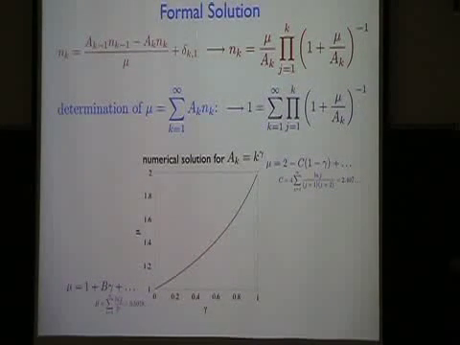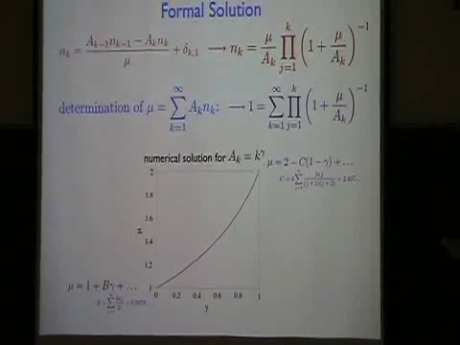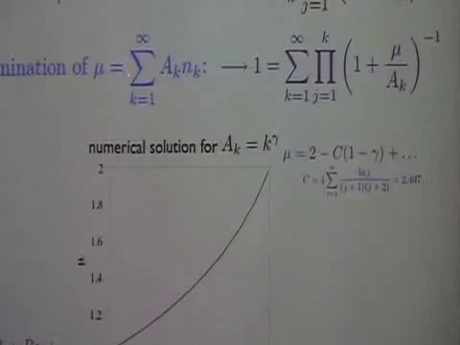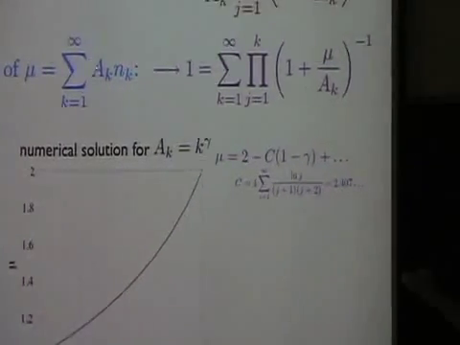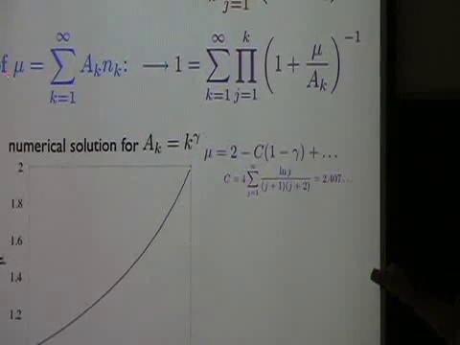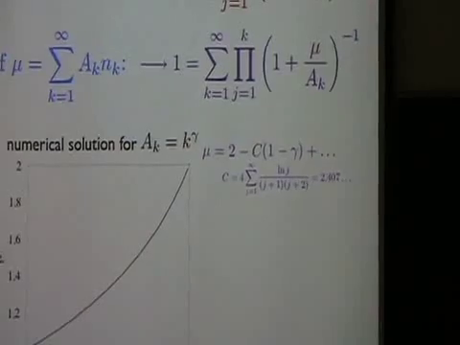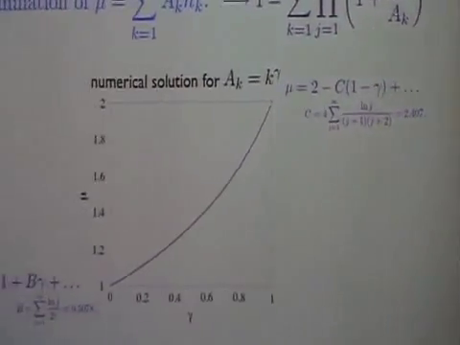To determine this mu, which is a parameter inside of this exact solution, if I sum a_k n_k, this is the total rate, but since I'm looking at little n, it's the total rate divided by n, which is what we defined as n. So we can get a self-consistent equation for mu by just summing this thing over all degrees.